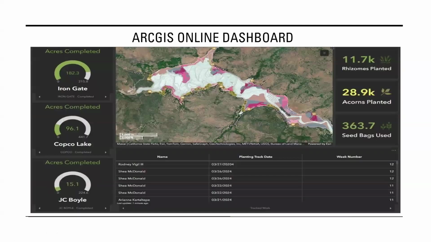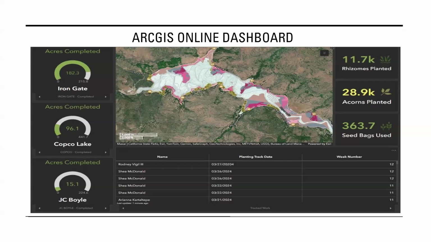This is the dashboard that Res will look at when they want an update of the revegetation efforts. It shows the acres that have been planted or seeded within the 3 reservoirs, so Iron Gate, Kopko, and JC Boyle. It also shows the seeding and planting polygons while showing the edited version of the re-veg tracks.